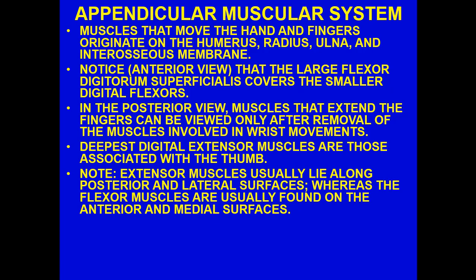The deepest digital extensor muscles are those associated with the thumb. The extensor muscles usually lie along the posterior and lateral surfaces, okay? Whereas the flexor muscles are usually found on the anterior and medial surfaces.